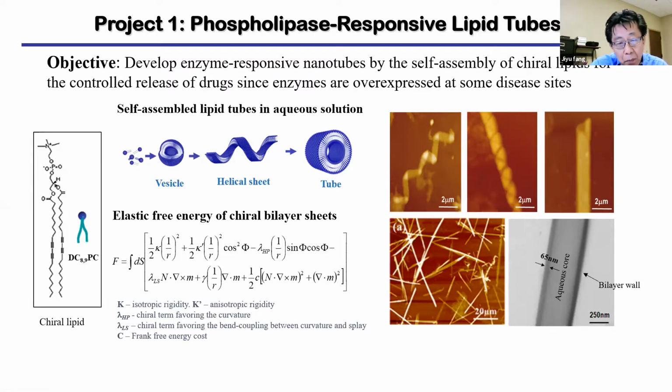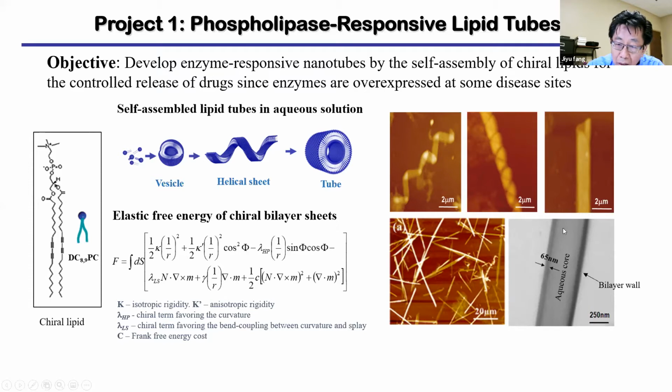The twist of the lipid sheets is determined by the balance of elasticity and chirality. The molecule is chiral, and chiral-chiral interaction is the driving force for bilayer sheets to twist into tubules. When the chiral interaction is able to overcome the penalty of the elasticity of the lipid bilayer, the sheets twist into the tubular structure.